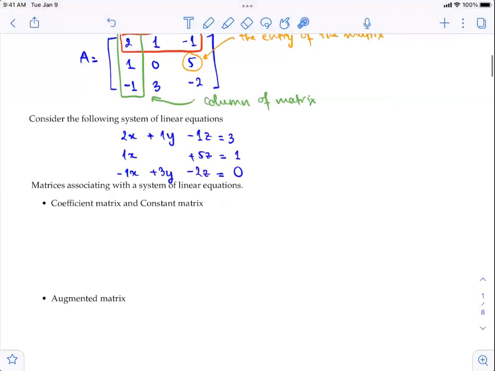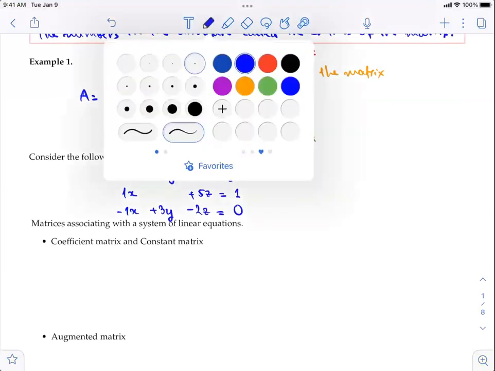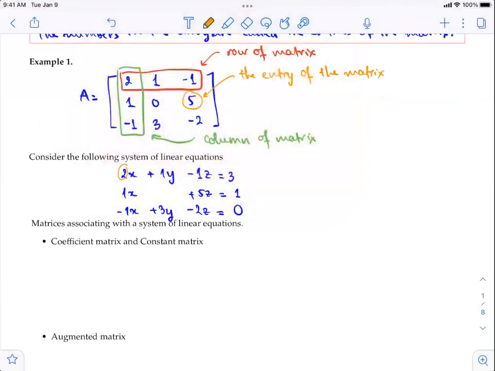If you notice, 2, 1, negative 1 correspond to the entries in the first row here. 1, 0, 5 correspond to the second row in the matrix, and negative 1, 3, negative 2 correspond to the third row.